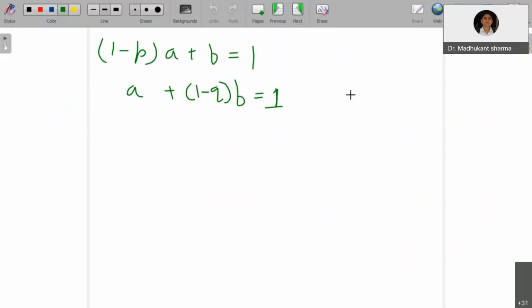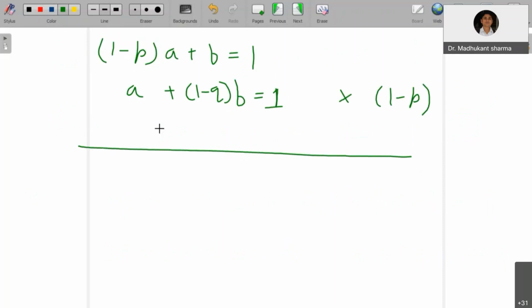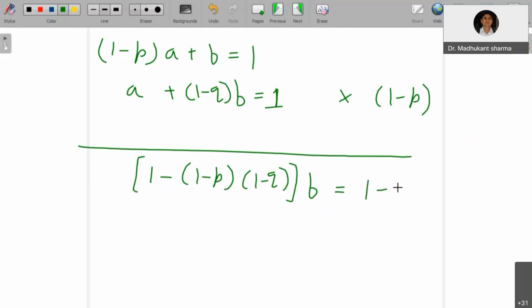You can solve this: multiply the above by 1 minus q and then subtract. If you subtract, a will not be there, so you have 1 minus p into 1 minus q times b equals 1 minus p.